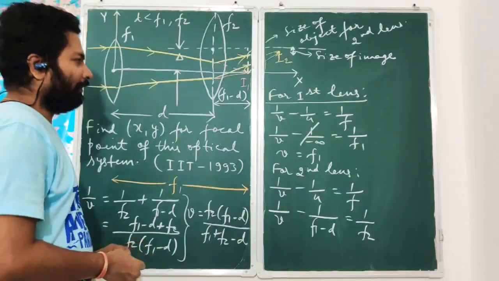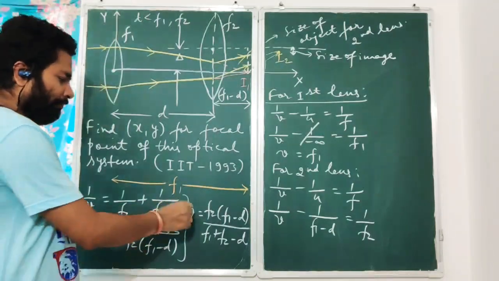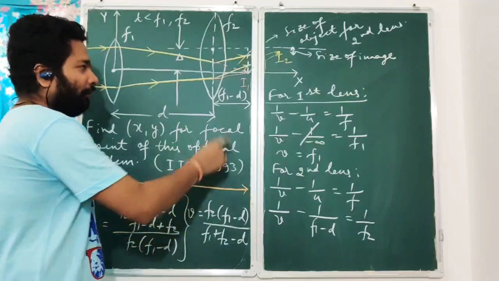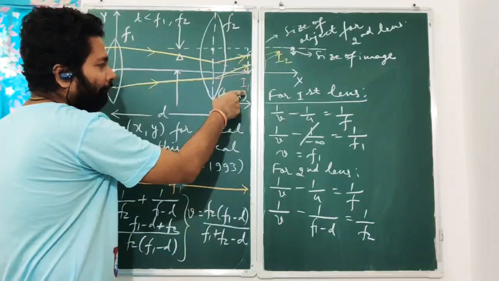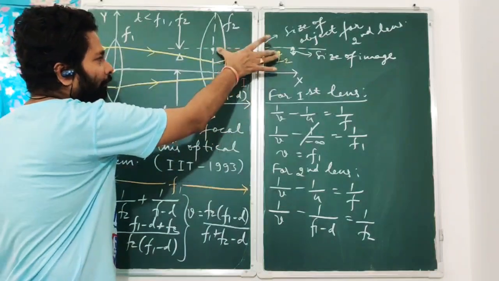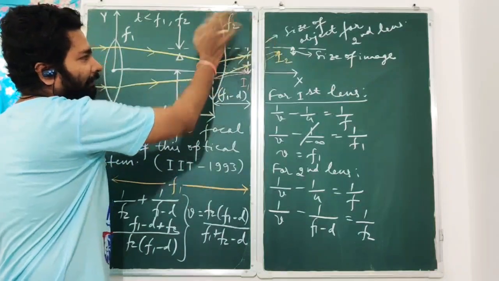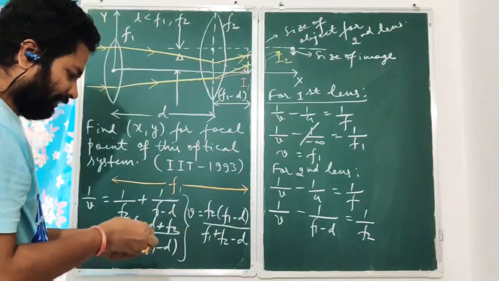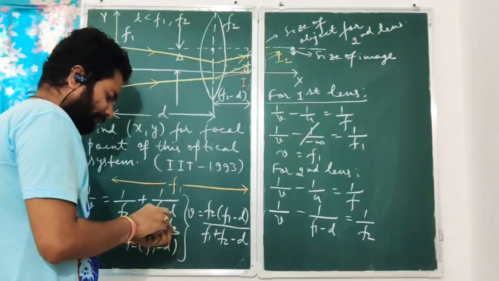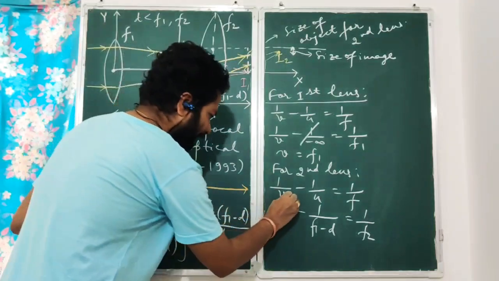So now we have got the x coordinate, or you can say the distance of the final image from the second lens. This value v, in order to make it a little different, you can mark it as V1.